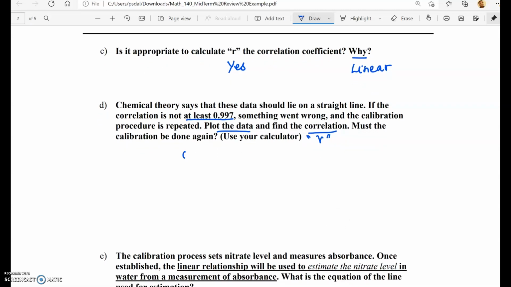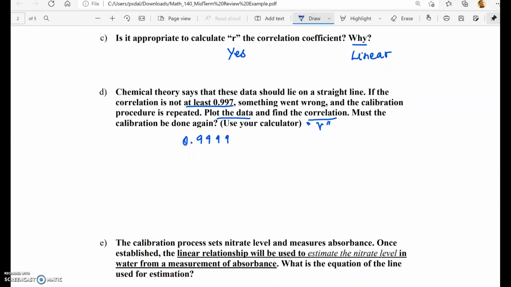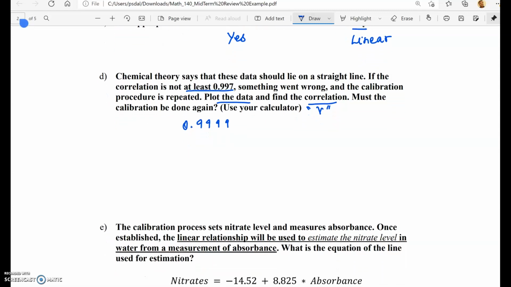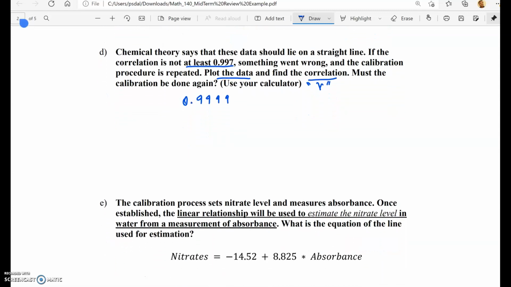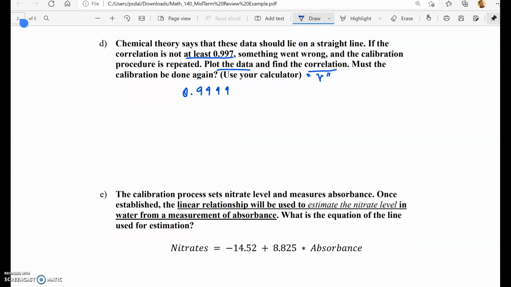And when I use my calculator, I get 0.9999. Make sure you know how to use your calculator, because on an exam, you do not have access to any sort of software. You'll have to depend on your calculator to find R, the regression line, median, mode, whatever, mean.